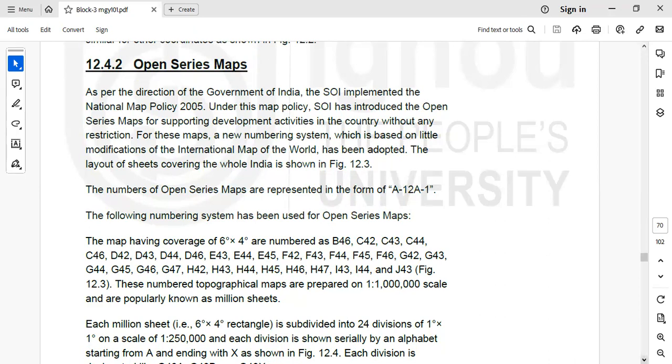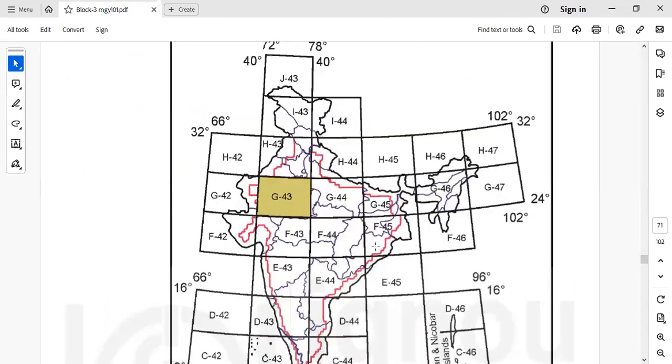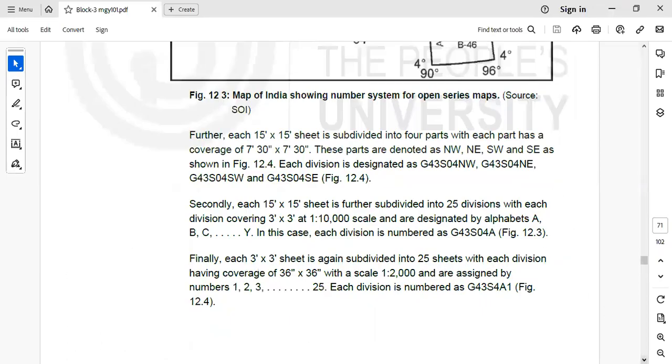In these figures, these are the numbering system for the maps belonging to the Open Map series, and detail is given here.